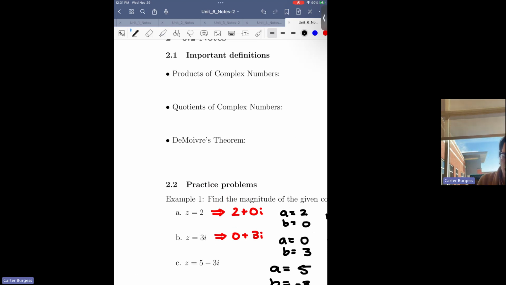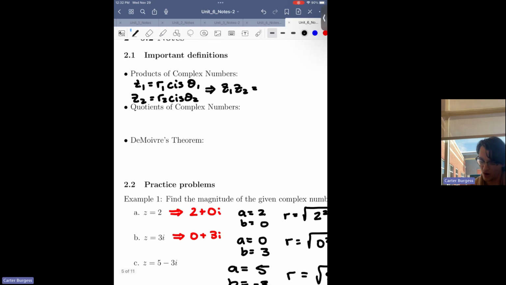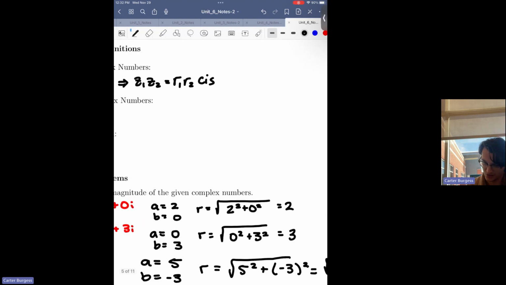For our product, when we have Z1 equal to R1 CIS of theta 1, Z2 equal to R2 CIS of theta 2, our product is the product of the R's, CIS the sum of the thetas.